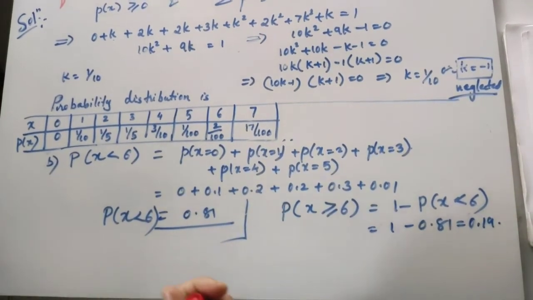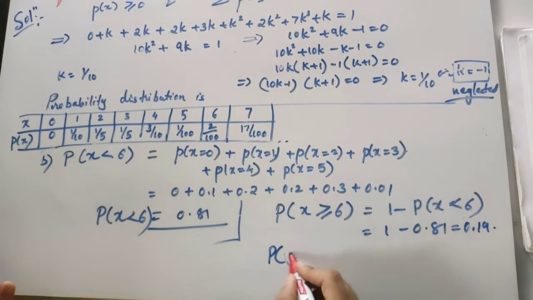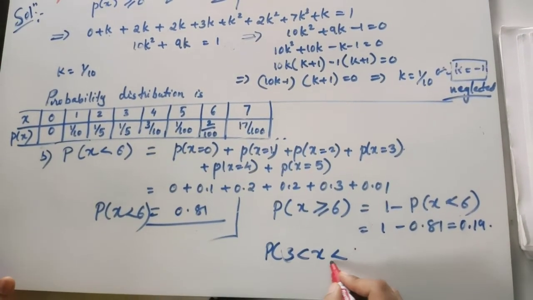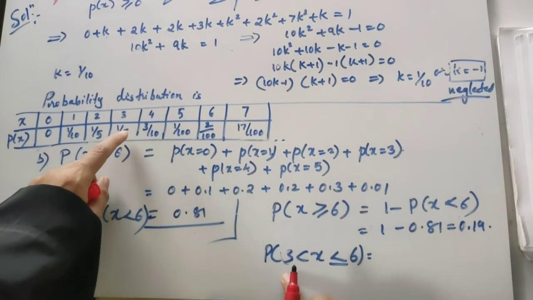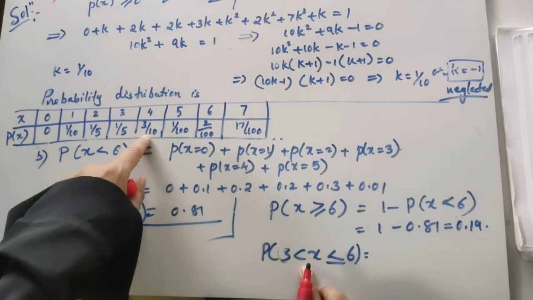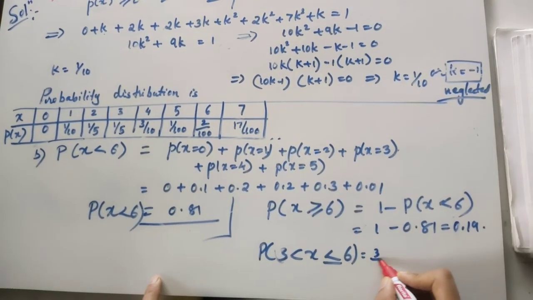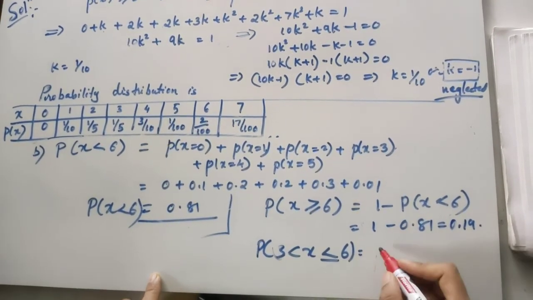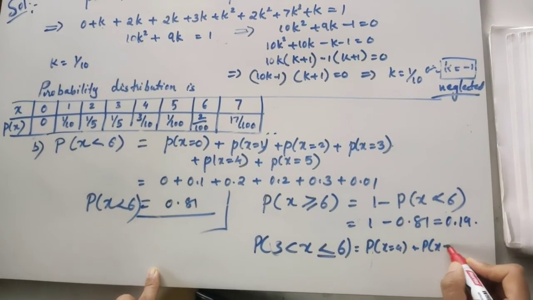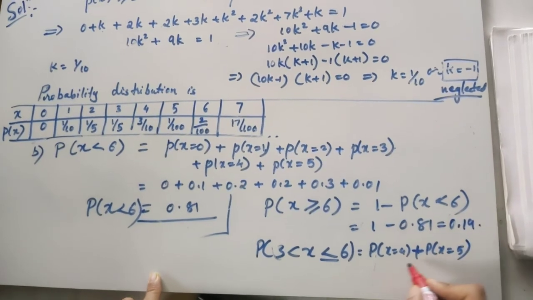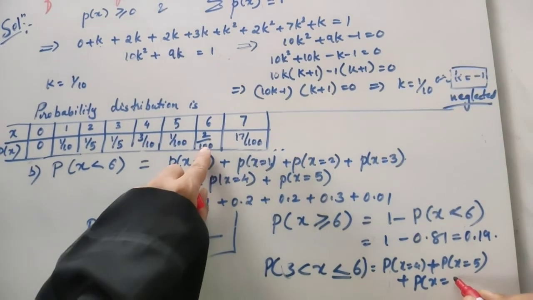Next we must work out P of 3 less than x less than or equal to 6. So x should be greater than 3, so it should start with 4, 5 and 6. Add all these and you will get your value. It will be P of x equals 4 plus P of x equals 5, plus P of x equals 6.